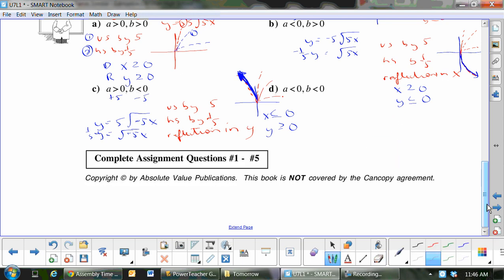So this would be y equals negative 5 root negative 5x. Okay, so that would be negative 1/5 y equals root negative 5x. Okay, Corey, in words, what happened?